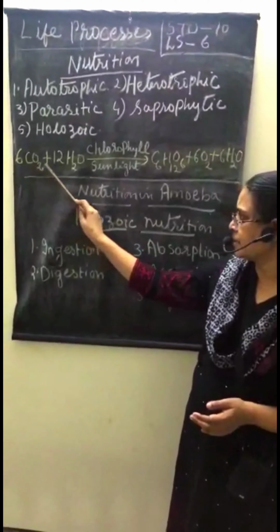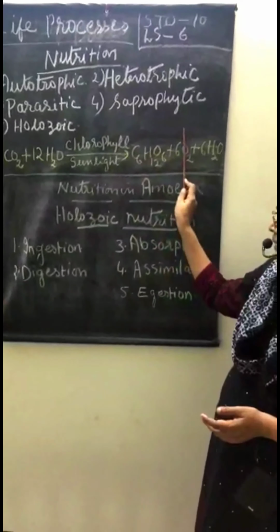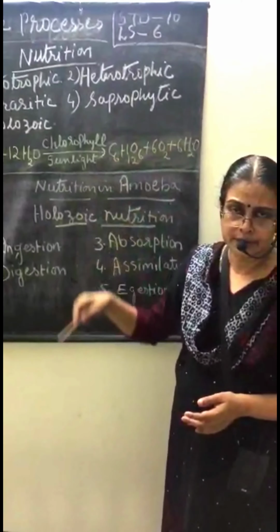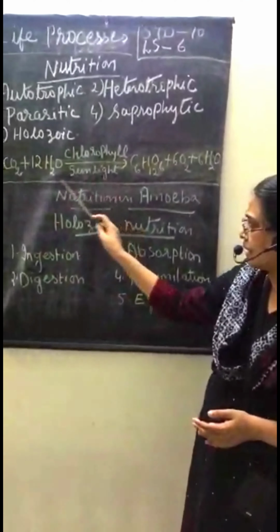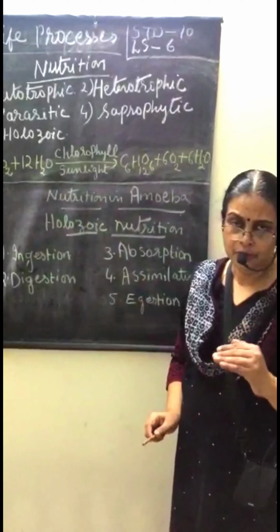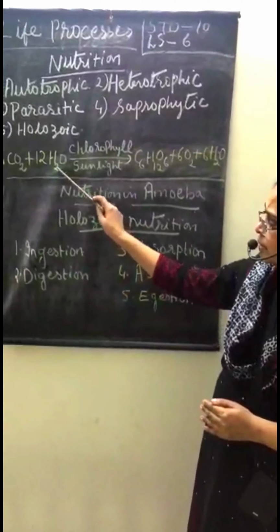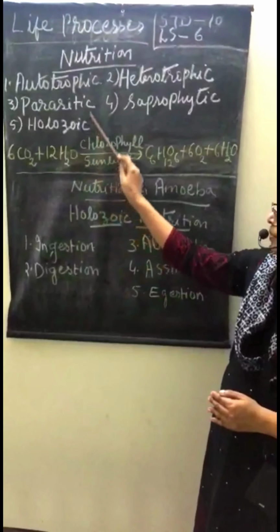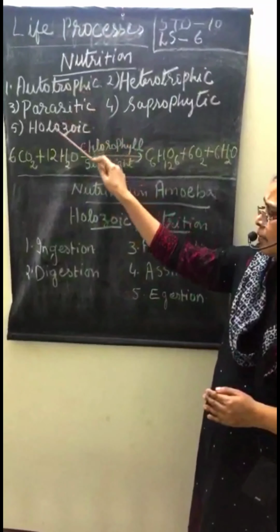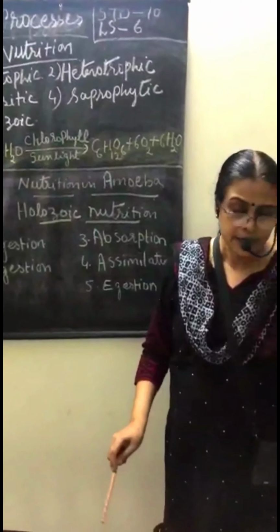The carbon dioxide gets reduced into carbohydrates, oxygen is liberated, and excess water is also liberated outside. This process is called photosynthesis. Photo means light and synthesis means the preparation of food. So green plants which can prepare their food with the help of photosynthesis show autotrophic nutrition.